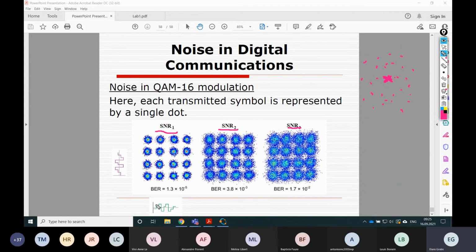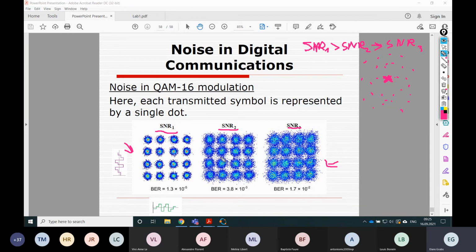So SNR1 is maximum, SNR2 is in the middle, and signal to noise ratio 3 is the worst of them, meaning that the noise is the strongest and the signal is the weakest for this picture, and vice versa. Here we have the strongest signal and the weakest noise.